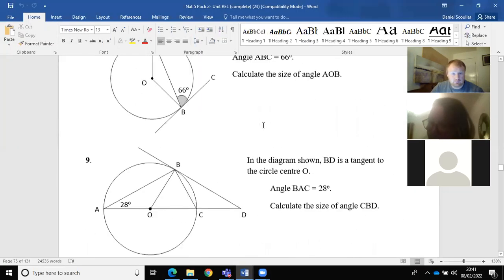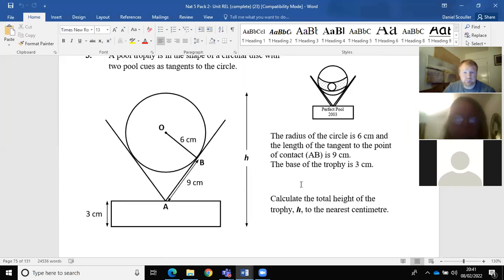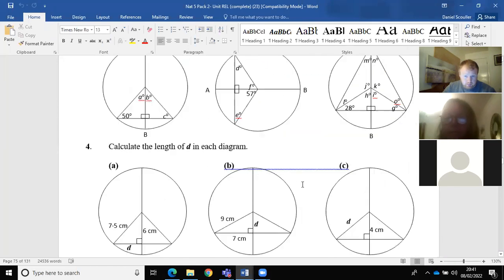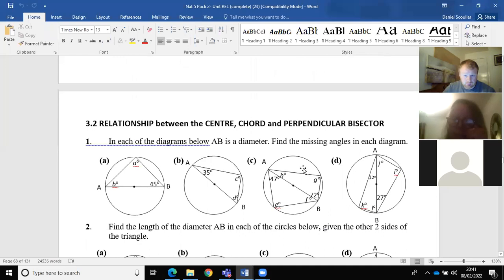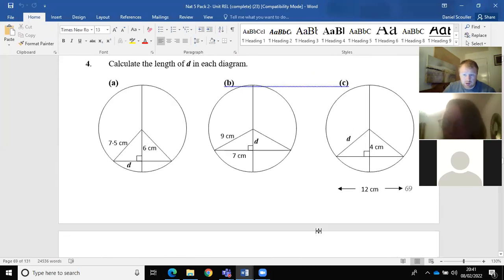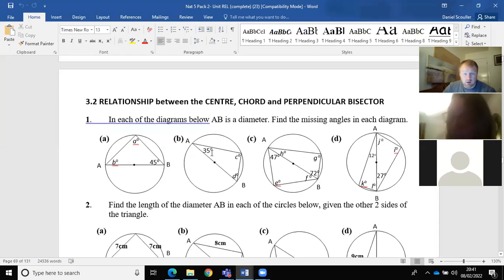From page 69, okay, so page 69 looks at the relationship between centre chords and perpendicular bisector. Okay, we've not done that last one yet. So I'll tell you the questions that we can look at.